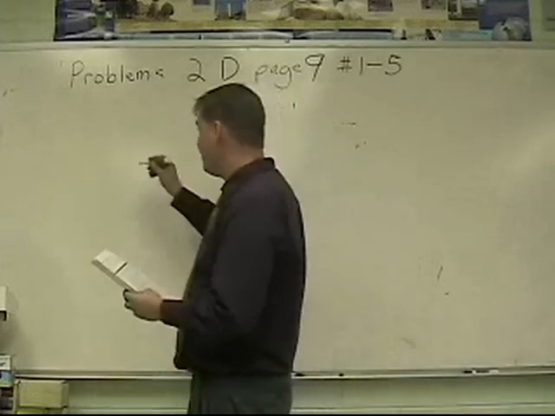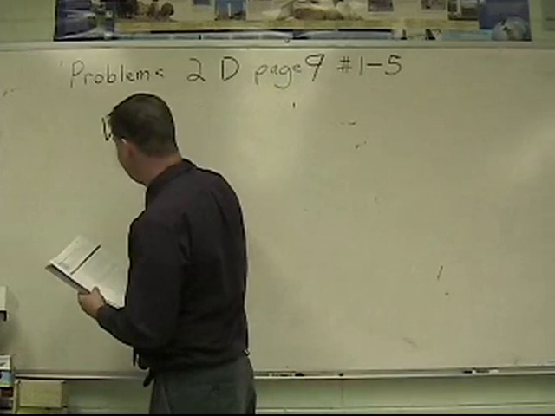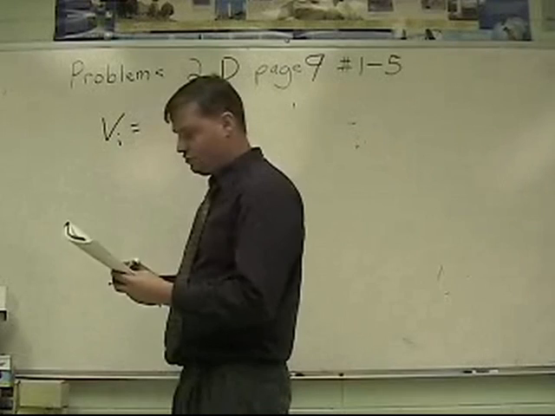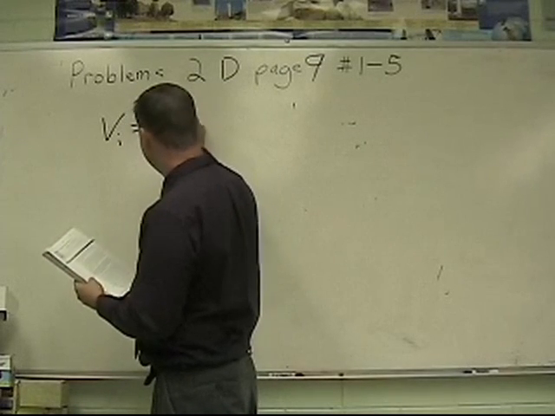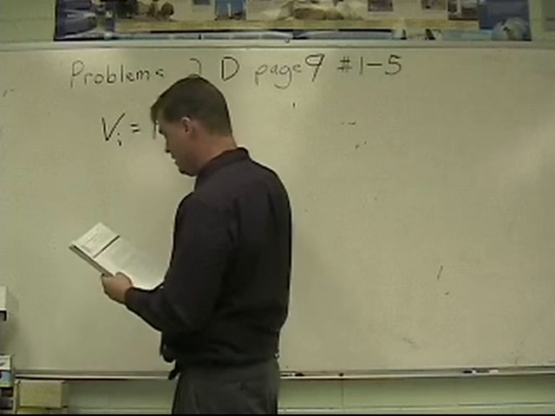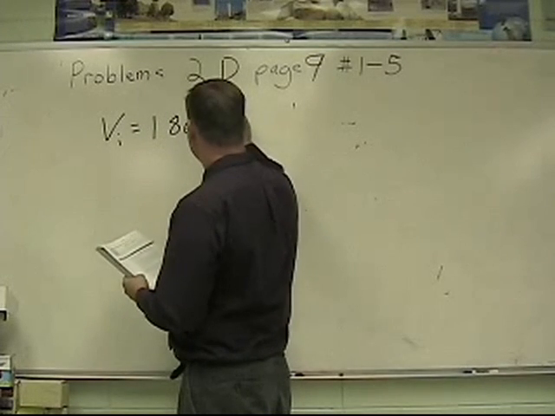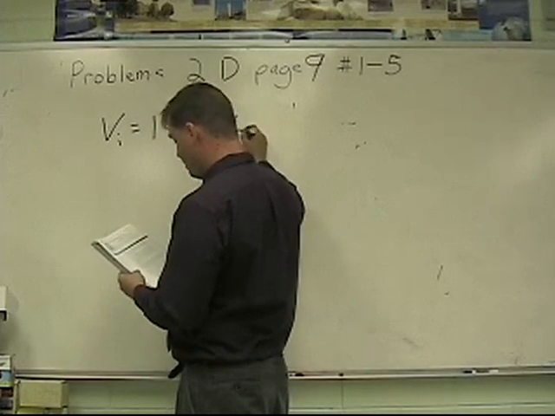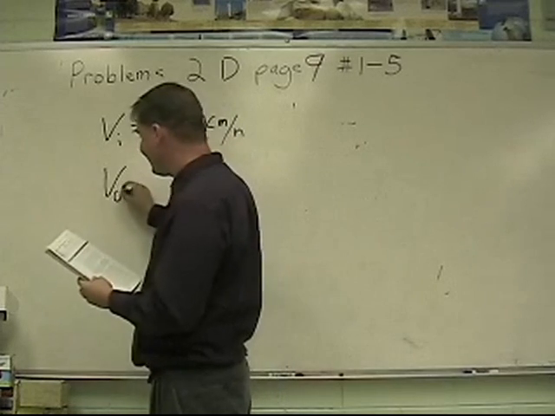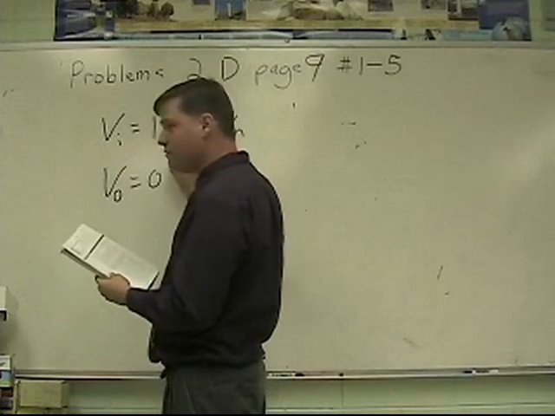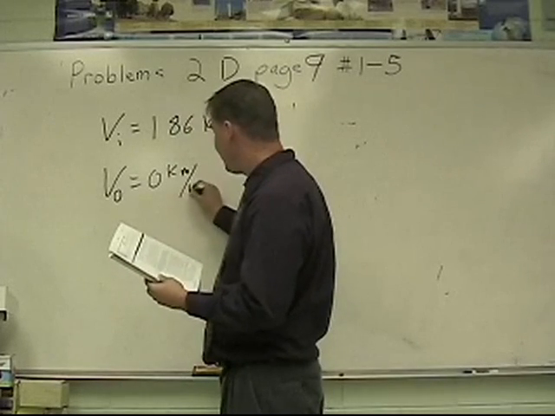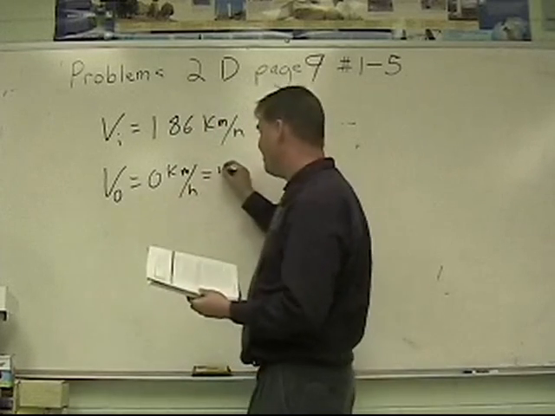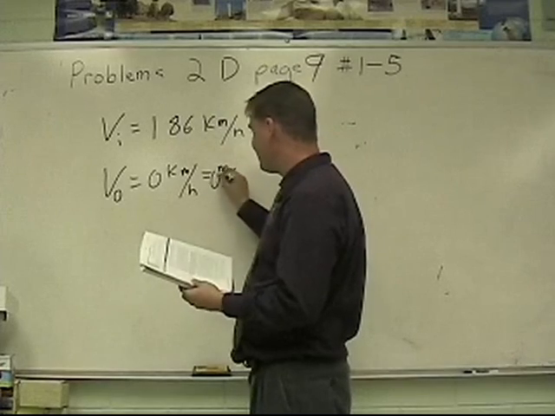So we have an initial velocity equal to 186 kilometers per hour. We have a final velocity of 0 kilometers per hour, or meters per second, 0 meters per second.